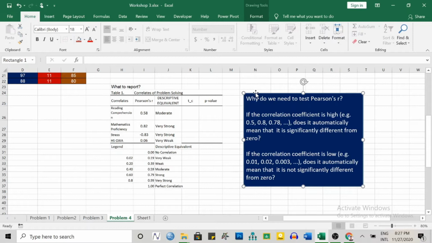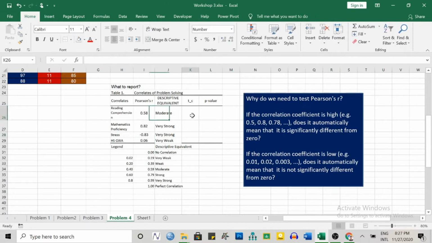The answer is no. We need to test this coefficient because if in our test, our p-value is greater than 0.05, it means that the correlation coefficient is not significantly different from 0, or it is equal to 0. And if it's equal to 0, then our interpretation is this one.